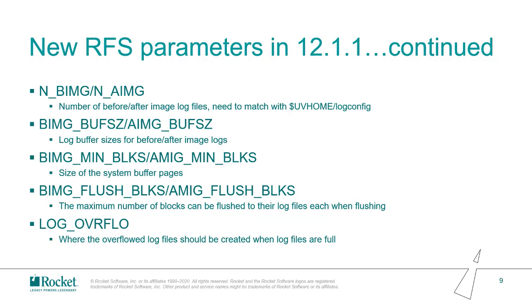Those are the parameters related to before image and after image logs, and how they are going to be flushed. The first group is the number of before image logs and the number of after image logs.